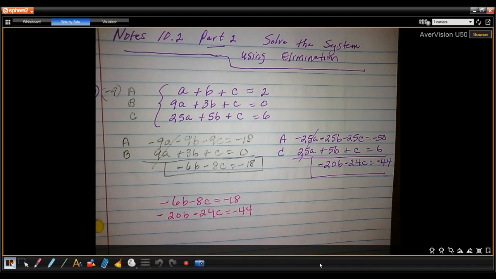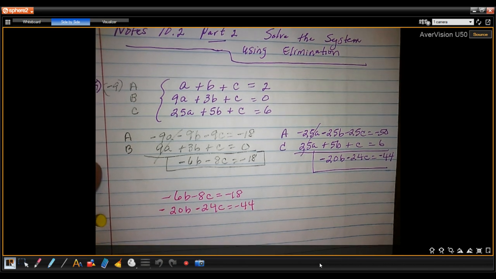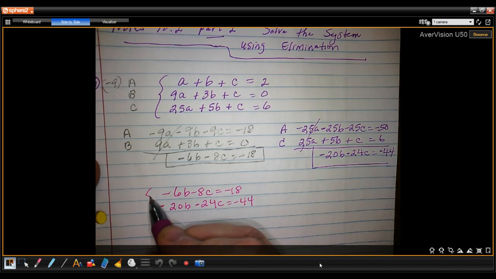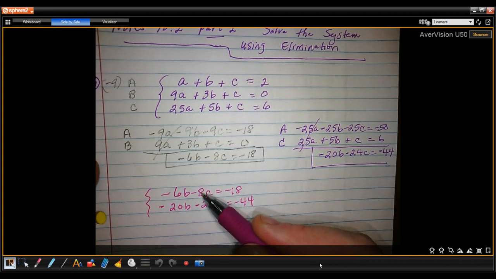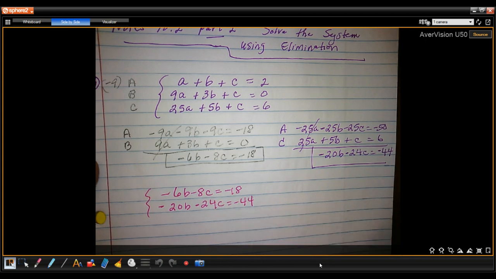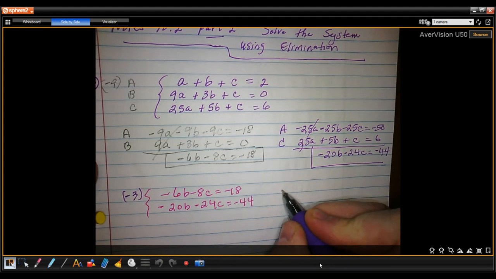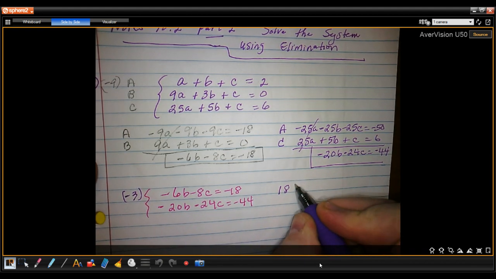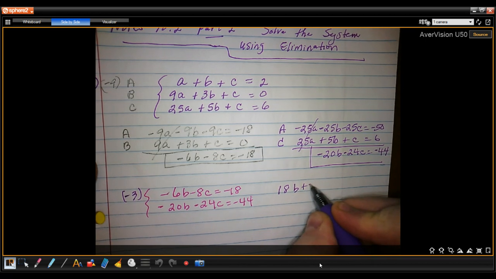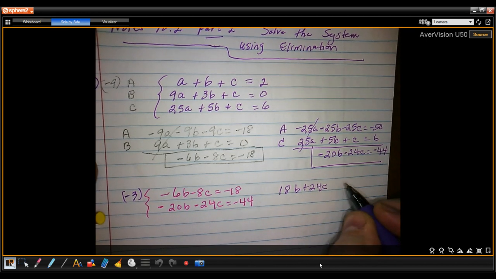Now you have a choice. You can get rid of B or you can get rid of C. Based on the numbers, I would get rid of C because 8 times 3 is 24. So you would have to multiply this one by negative 3 to make it a positive 24. Then I'm left with 18B plus 24C. 18 times 3 is 54.